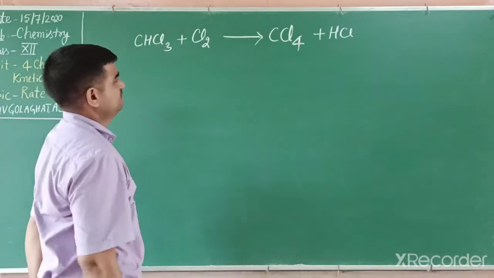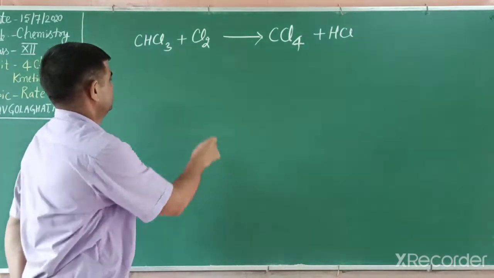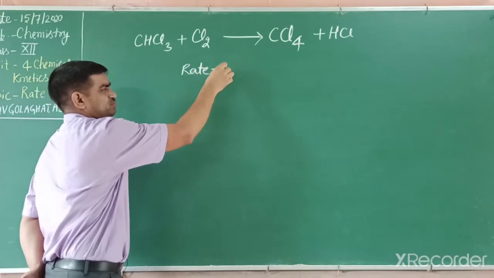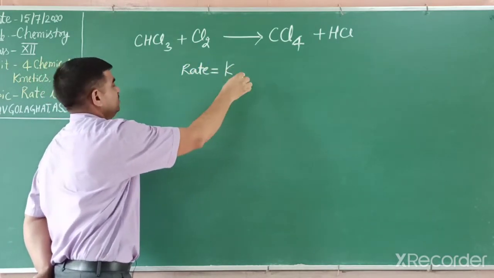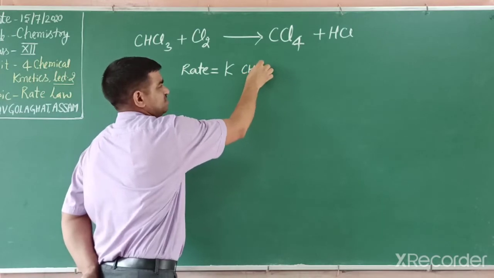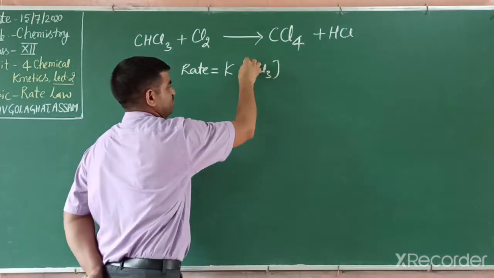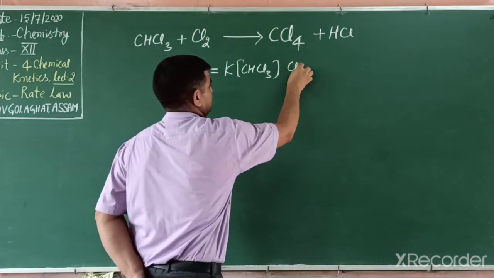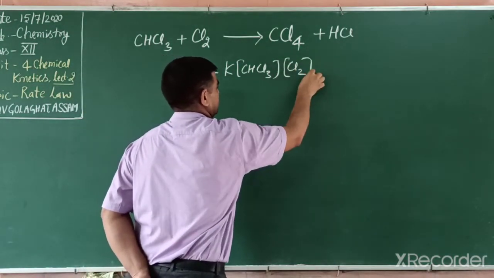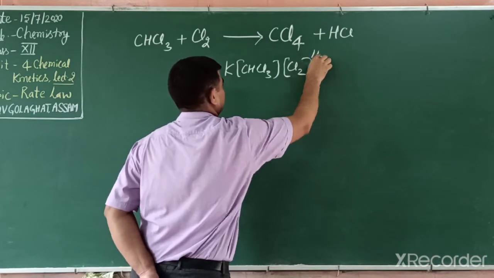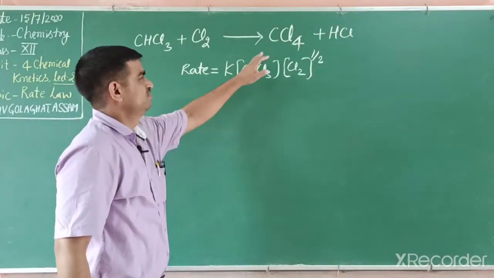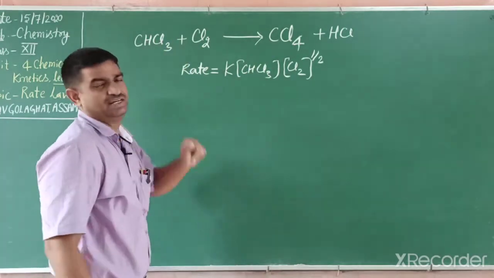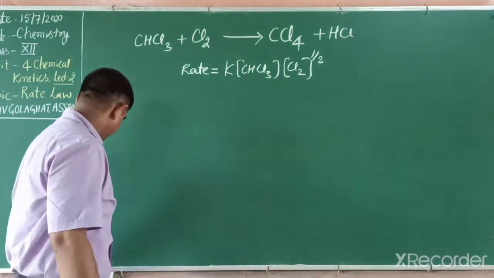When we balance this reaction, the rate law given is rate is equal to k [CHCl3] power 1, chloroform, and chlorine power half. We can say 1.5. So this is not equal to the stoichiometry of the reaction.